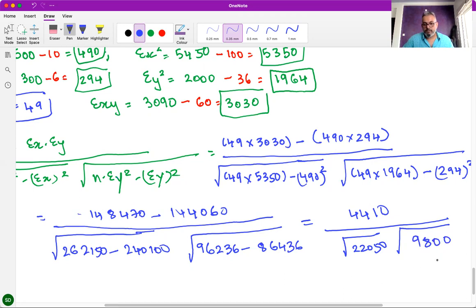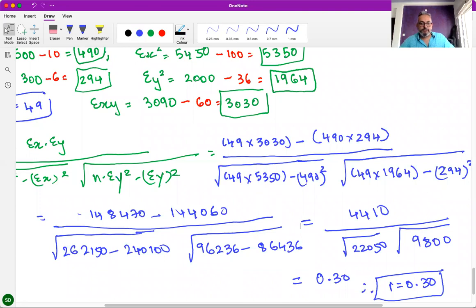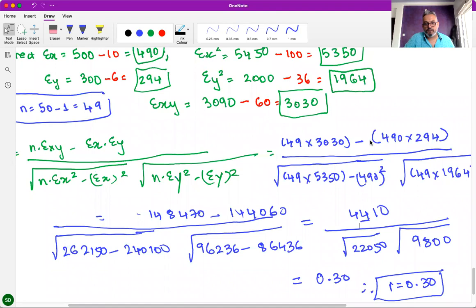That gives 9800 into 22050 under root, which is equal to 0.30. Therefore, R is equal to 0.30. Important point in this sum is you have to take n is equal to 49.